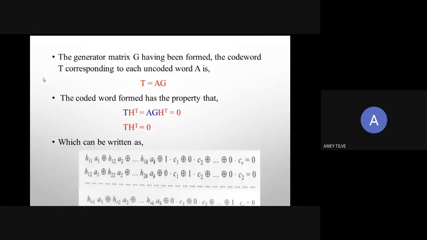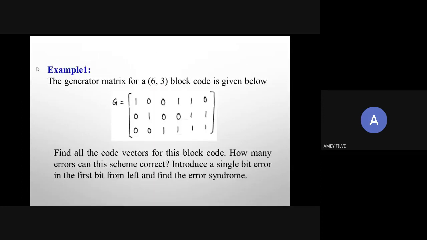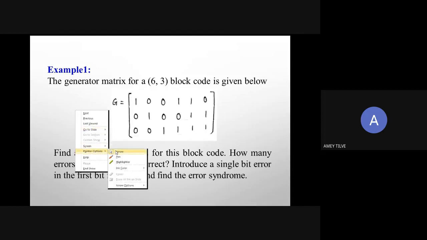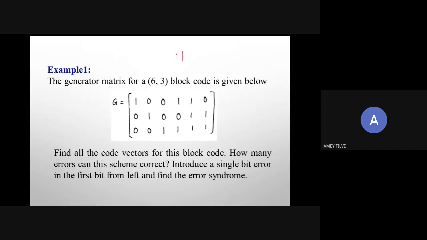So T is basically your total code word. How we have written over here is that T is your code word. I will write the formula over here for you all. Do not get confused. When we are doing this, we are always taking this formula: T equals.